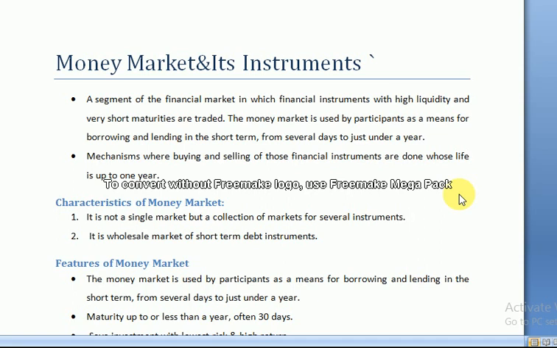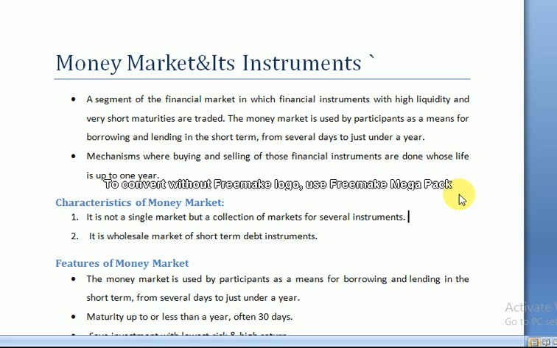What is a money market? Dear students, it is a financial market where short-term securities are traded. And what are short-term securities? Those securities whose maturity is not more than 12 months, 1 year, less than 1 year.